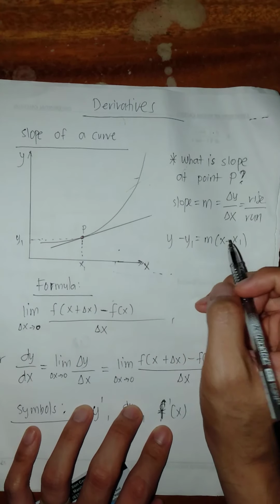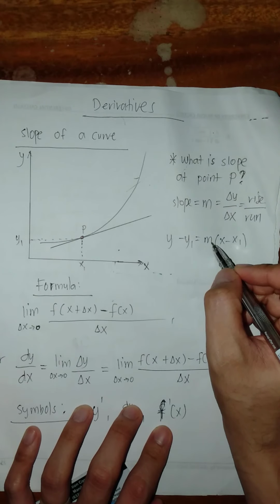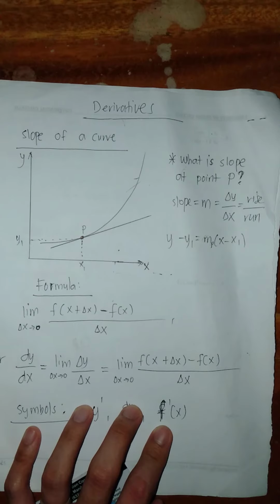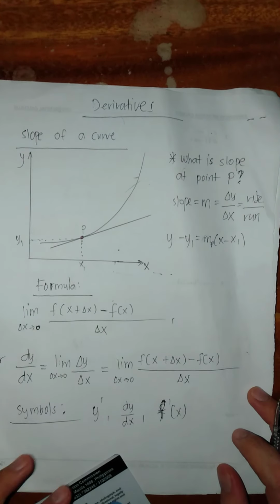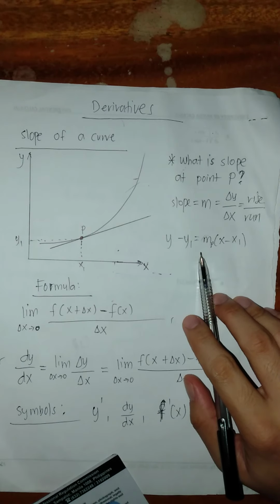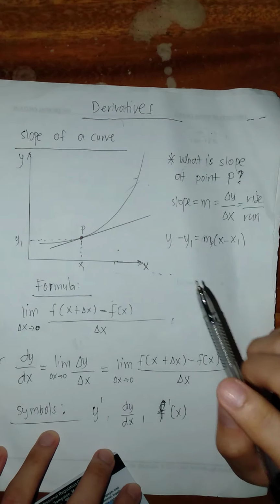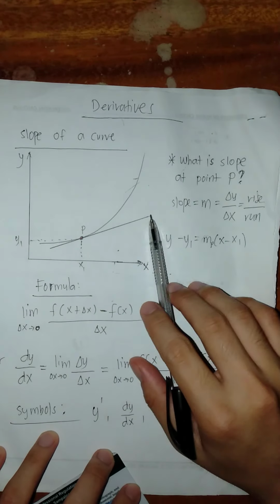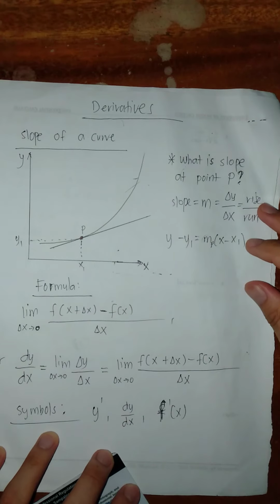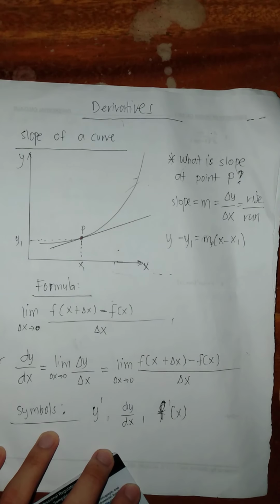Newton said the slope of this tangent line is the slope at point P. So I can get the slope at point P if I can plot this tangent line. The problem is, how can I create this tangent line if I only have point P? Based on analytic geometry, I can only create a line if I have 2 points, the minimum number of points to create a line.